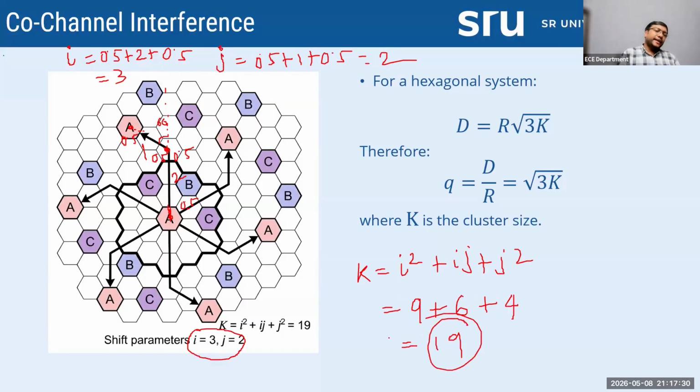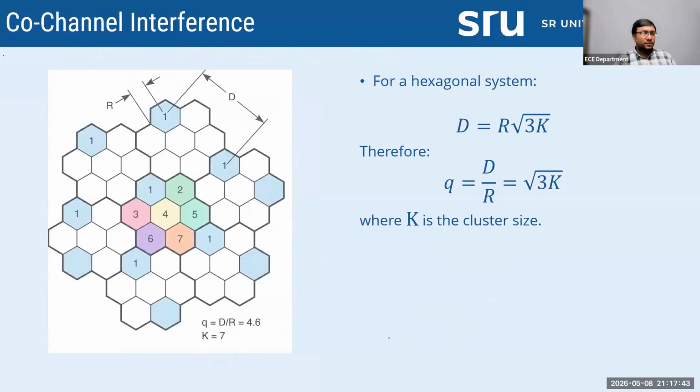In this way, even if the cluster size is not given directly, you are supposed to calculate the cluster size in this manner. So when you get the cluster size, for example for this also, how to get the co-channel cell? I am starting from any cell you take. Suppose this is 1. Simply I am going this side, this side, this side. I am stopping here, then reaching this side. So this is my path. The dotted line is my I and the solid line is the J. Along the dotted line, how many cells has it covered?